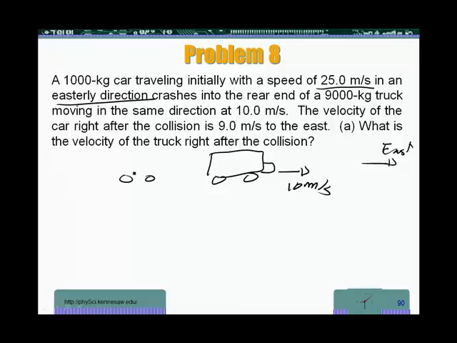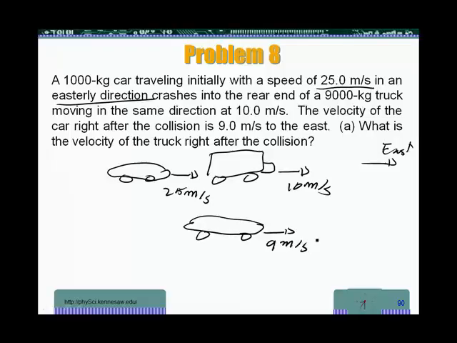And the car is moving at 25 meters per second this way. The car is going to rear end the truck. After the collision, they tell us that the car is going to be moving at 9 meters per second, still towards the east. And the question is, what's the velocity of the truck?